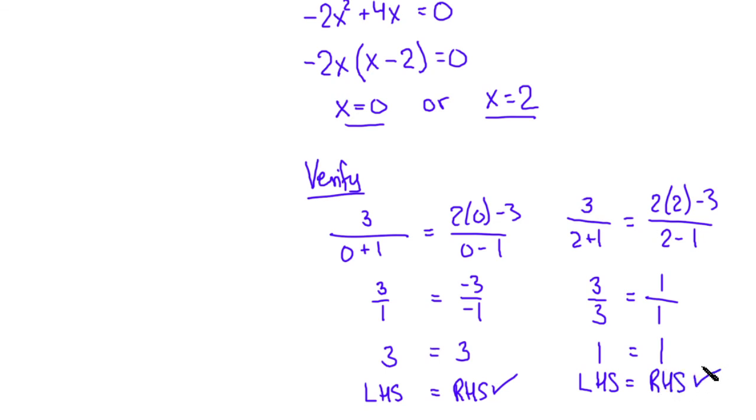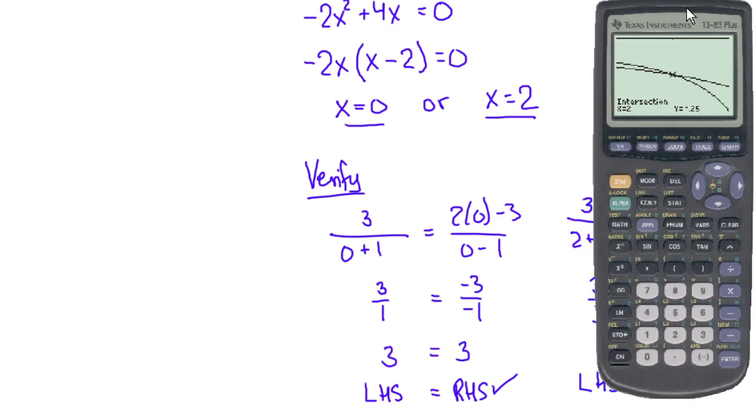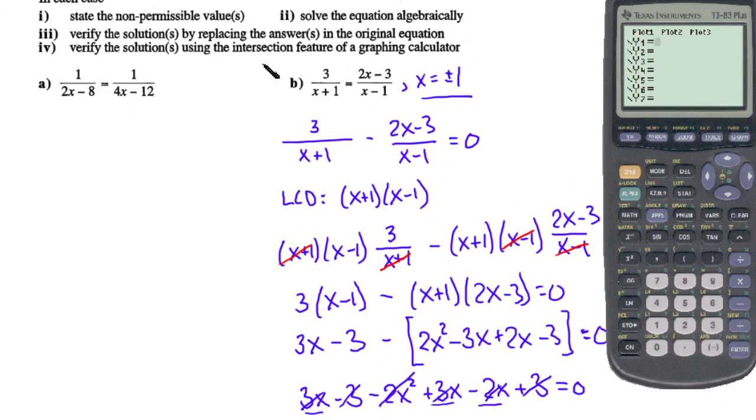So we're good. And then finally we're going to do this on our calculator as well. So we're going to go in here, remove the previous functions, and now we're going to plug in the left-hand side first. So 3 over x plus 1.